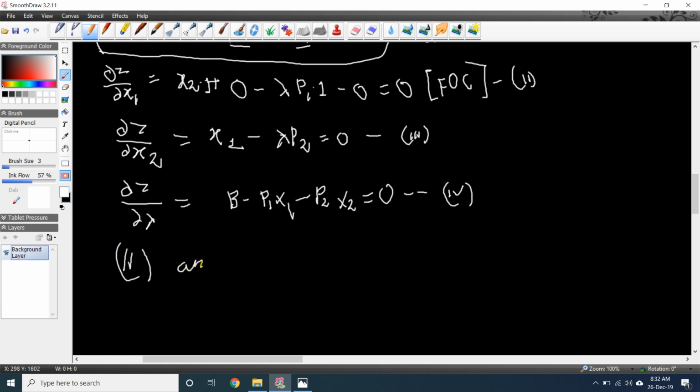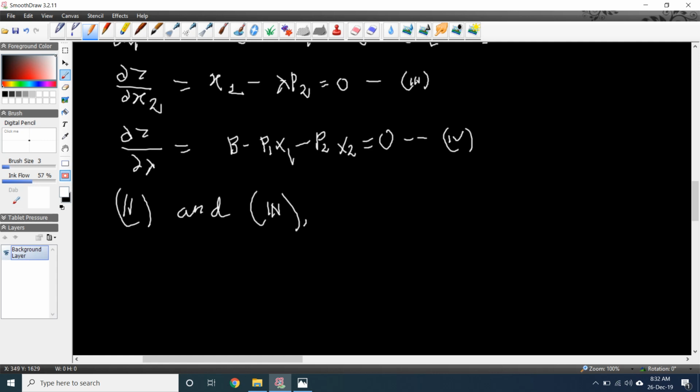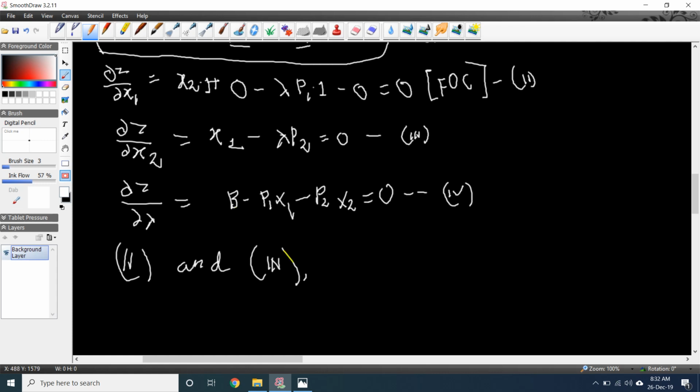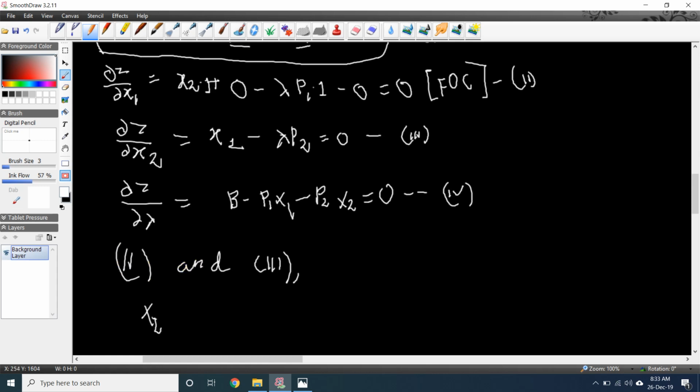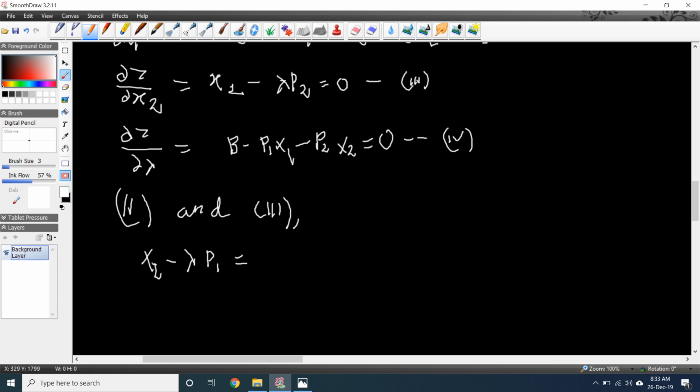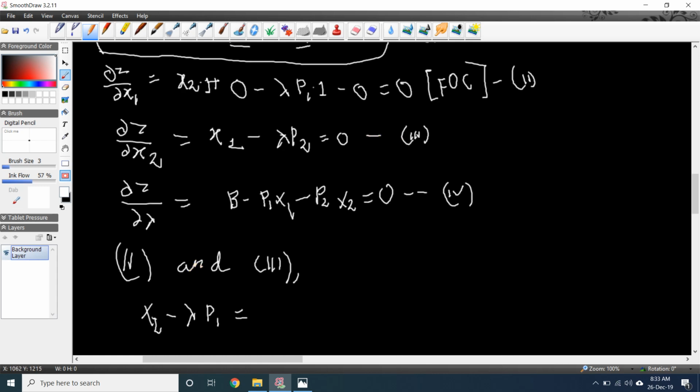Now we will solve equations 2 and 3, and then we will get the consumer's equilibrium. We must first find the value of lambda.